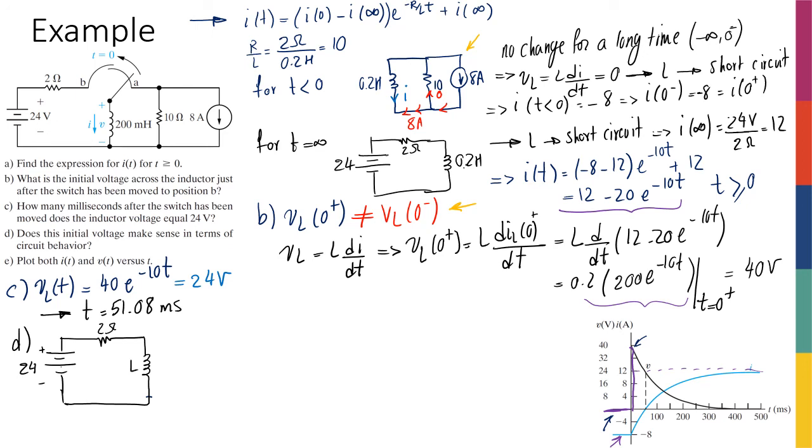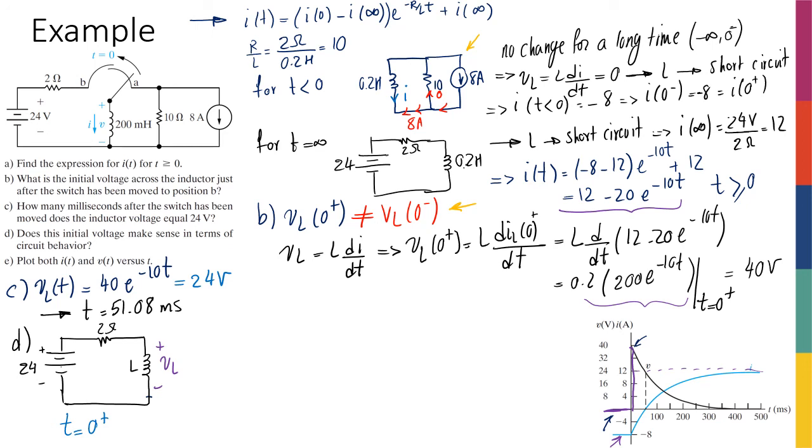Now I don't care about its value. This is for t equal to 0 plus, just after switching has happened. So the question is asking, can you tell at this moment what VL is without actually using the math?